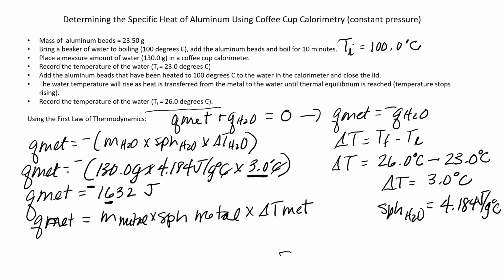And we know what Q of the metal is. We just calculated it. So negative 1632 joules.